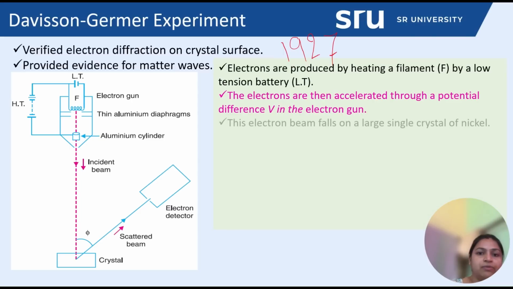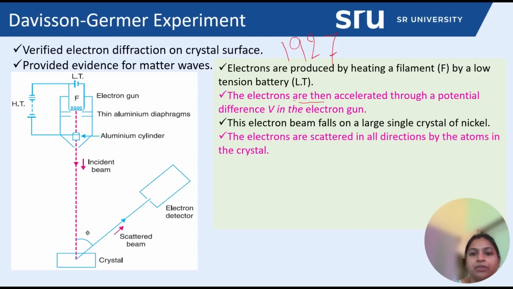This is the full setup of the Davisson and Germer experiment. First, the electrons are produced by heating a filament with a low tension battery, and then the electrons are accelerated through a potential difference V in an electron gun. This electron beam falls on a large piece of crystal. This is the direction of the incident beam, and this crystal is made of nickel.